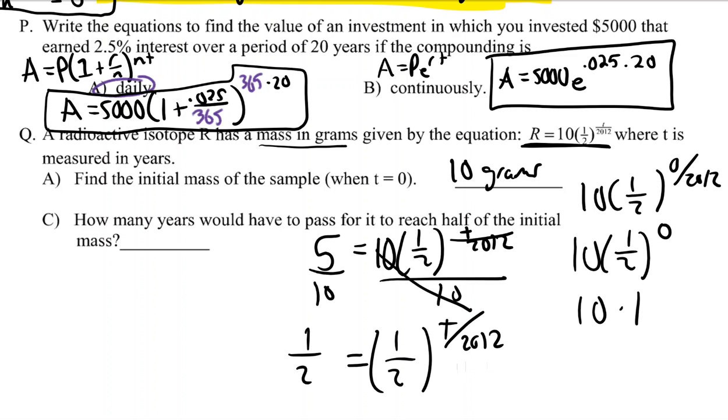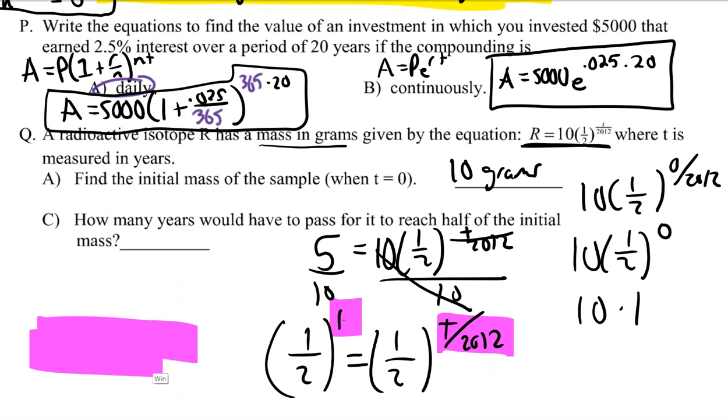And part of what makes logarithms so important is solving equations like this, but this one's been rigged where we don't need logarithms. 1/2 to the first equals 1/2 to the t over 2012. The only way these are equal is if the exponents are equal. So in the end, you should have set 1 equal to t over 2012, which would happen at 2012.